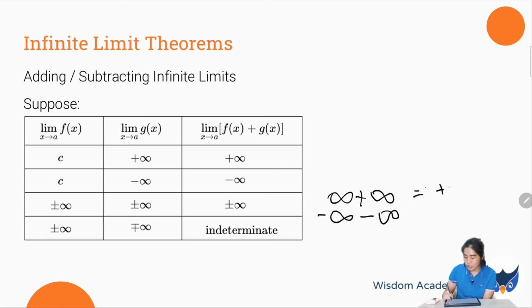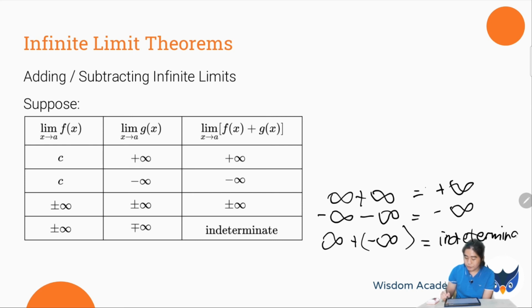So, equal lang to sa positive infinity, equal lang to sa negative infinity. Pero if different signs, for example, positive infinity plus negative infinity, indeterminate. Ganun din if negative infinity plus infinity.